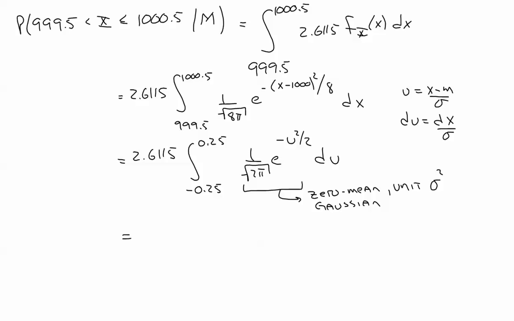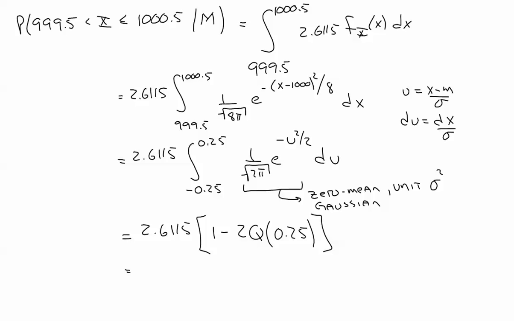Specifically this is 2.6115 times 1 minus 2Q of 0.25, exploiting symmetry. You can use the Q function MATLAB M file that I gave you earlier if you wish, or you can look up the results in the tables.